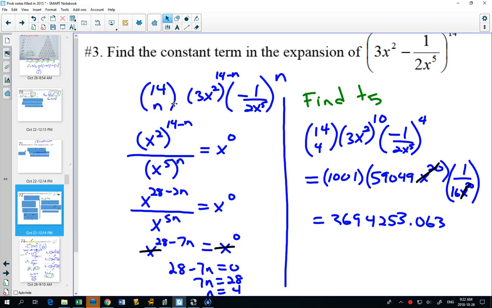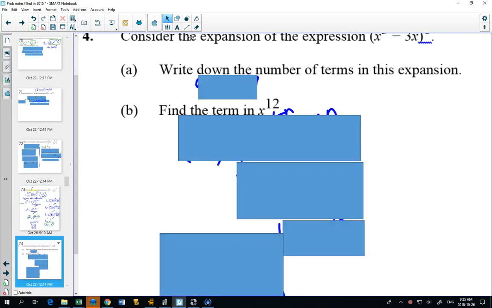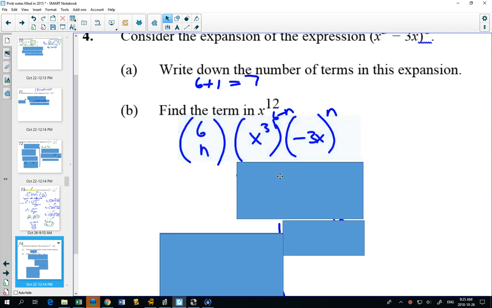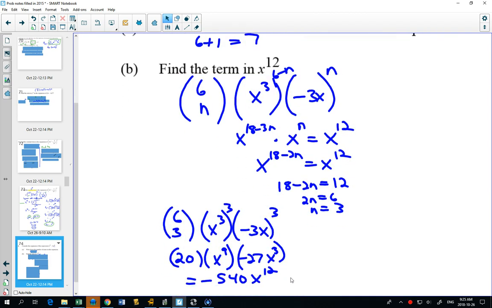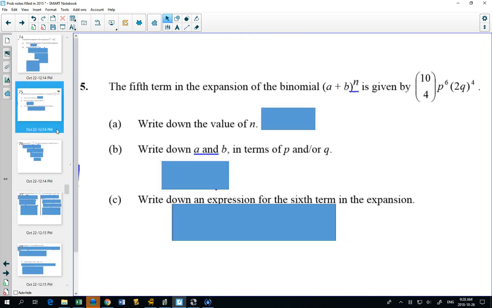All right, I want you to do the next couple on your own. I'll put them up so you can check. So the fifth term is given by that.